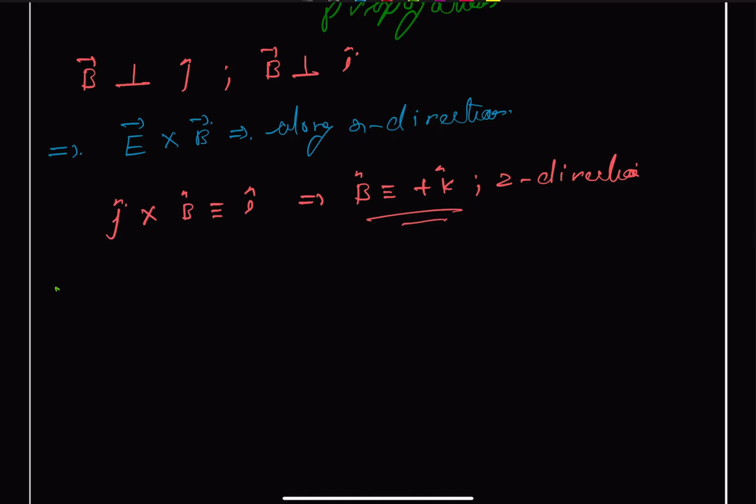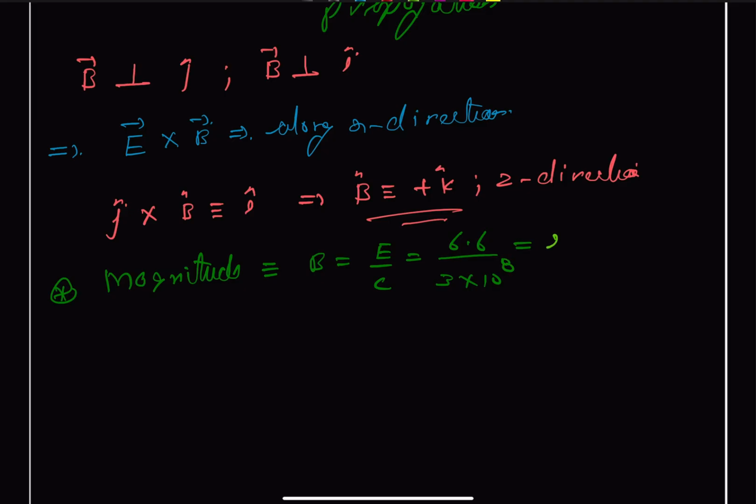For the magnitude, we know that the magnetic field is equal to the electric field divided by the speed of light, and this is for free space. Both values are given to us or known to us: 6.6 over 3 into 10 to the power 8.